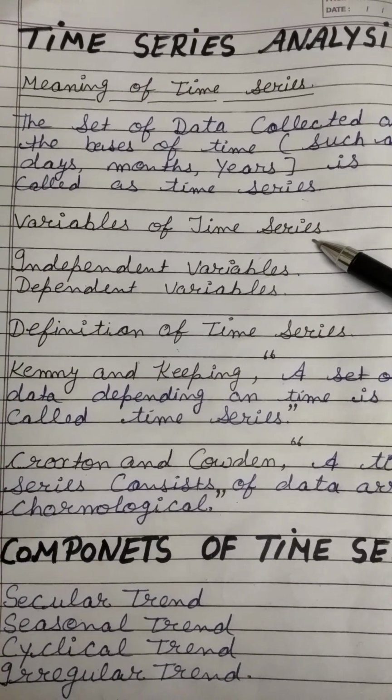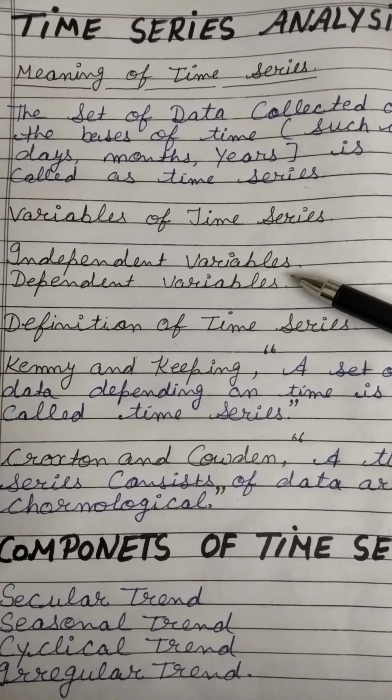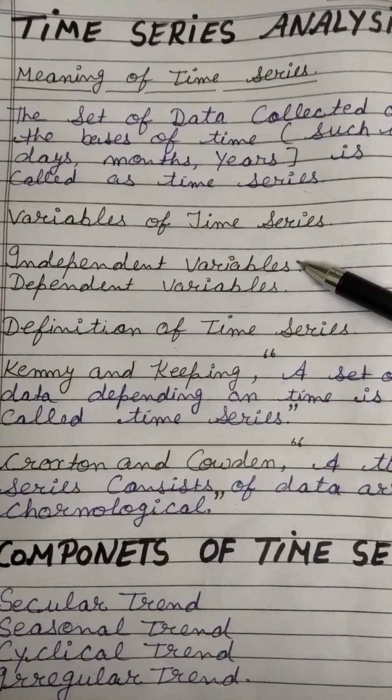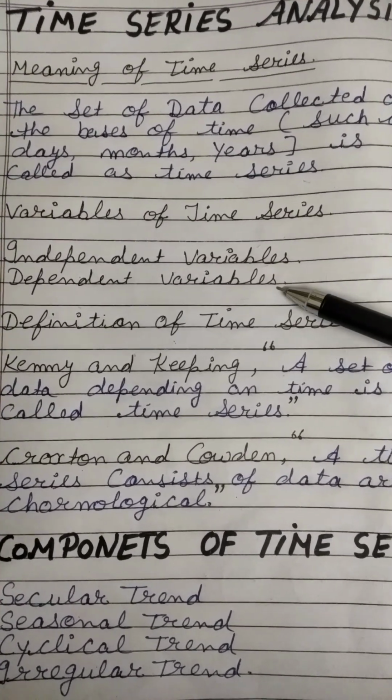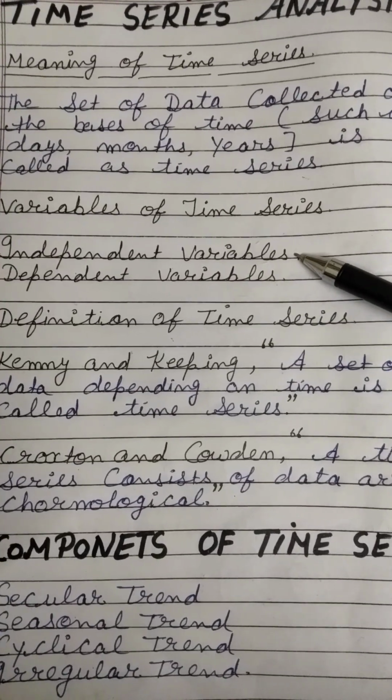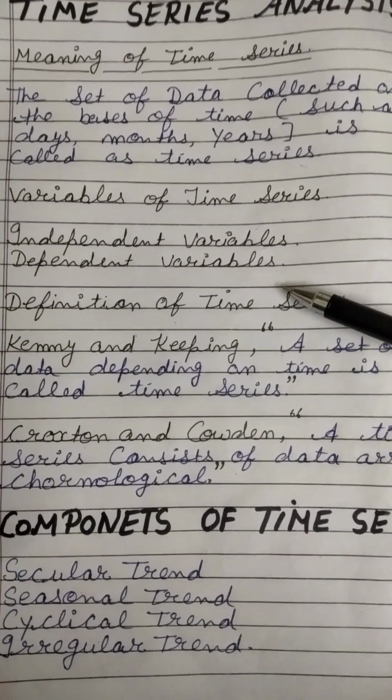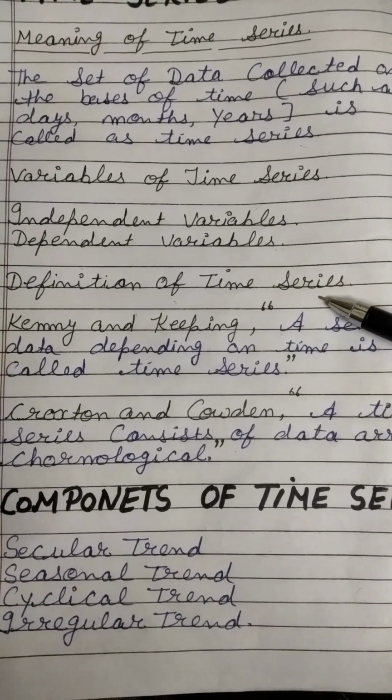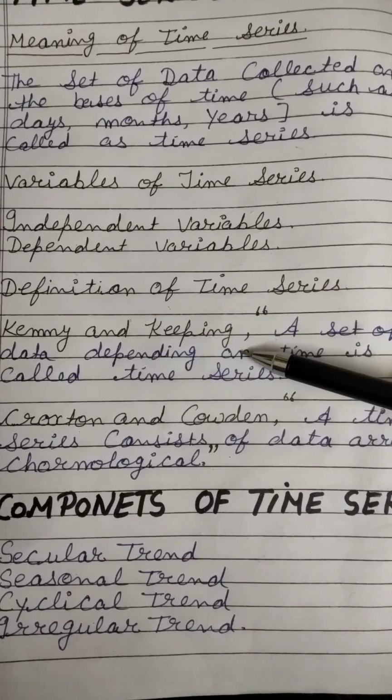Variables of time series. There are two variables of time series, that is dependent variable and independent variables. We have two definitions of time series. First one is Kenny and Keeping.